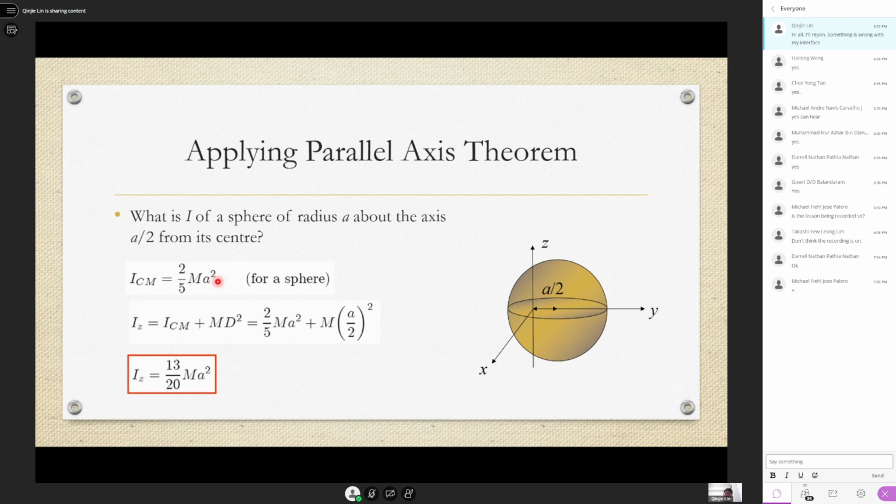Now we want to shift the axis a over 2 away and rotate about this. How do we find it? We use the parallel axis theorem: the original one plus m d squared. The original one is 2/5 ma squared, plus m times a over 2, which is our distance from the old to the new axis, squared. If you work it out, it looks something like this.